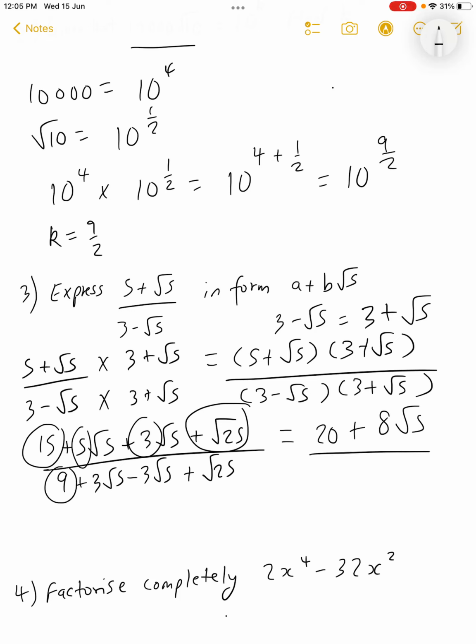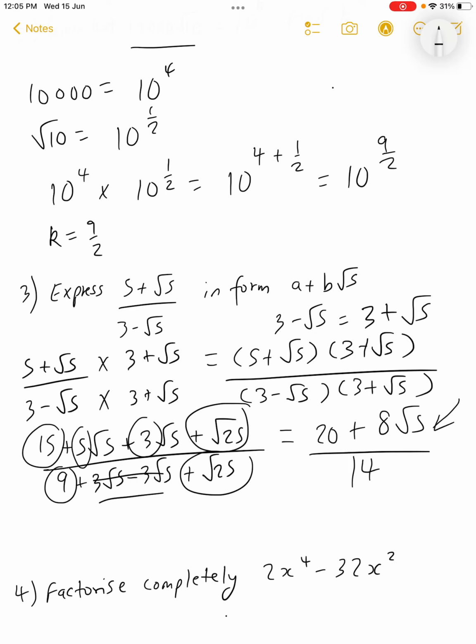Divided by, since you know that 9 minus square root 25 should be 4, and we know that these terms cancel out each other, as 3 square root 5 minus 3 square root 5 is equal to 0.